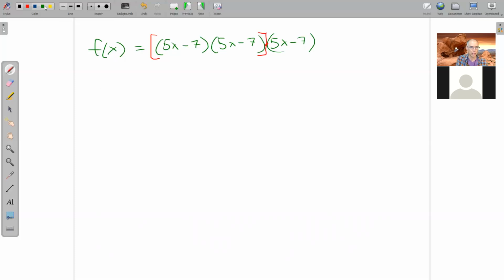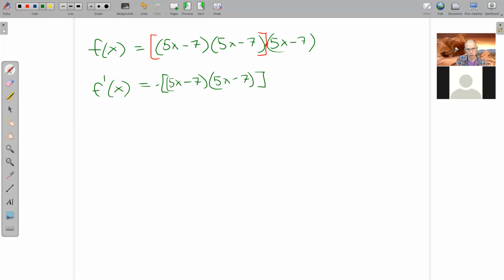So when I find f prime here, that f prime of a product says take the derivative of the first function. So I'm just going to write it as 5x minus 7 times 5x minus 7. That's my first function right there.